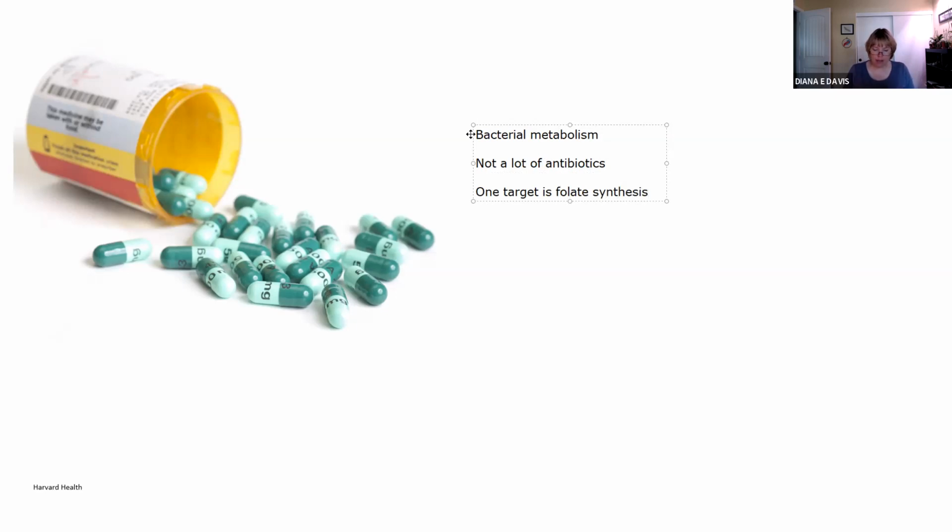So folate, also known as vitamin B9, this is something that we need in our diet. And one of the places we get it from is our microbiome. We actually digest some of those bacteria and take up that vitamin B9.